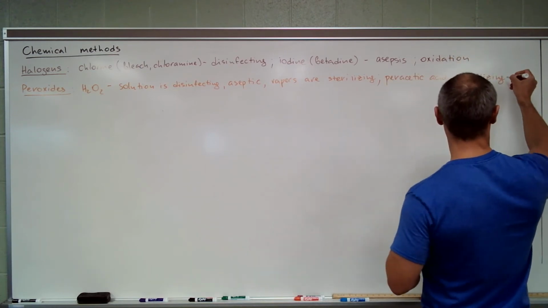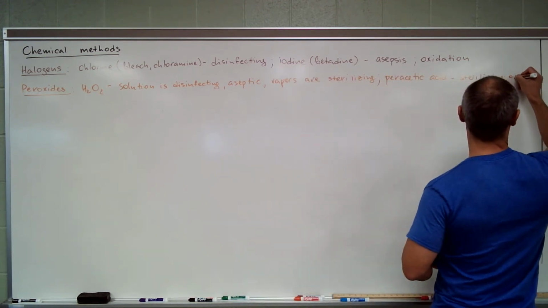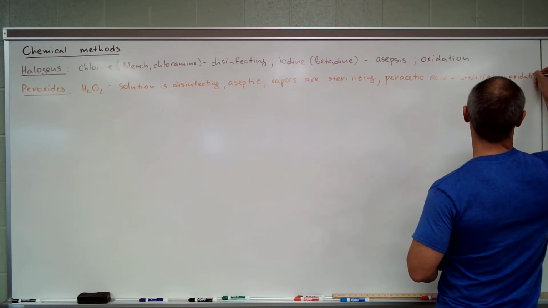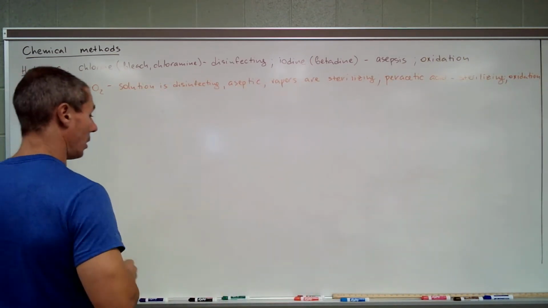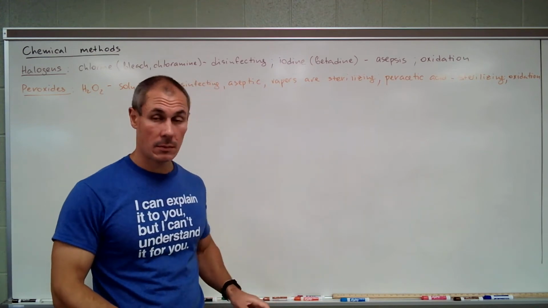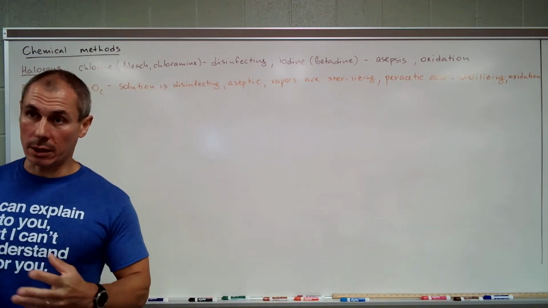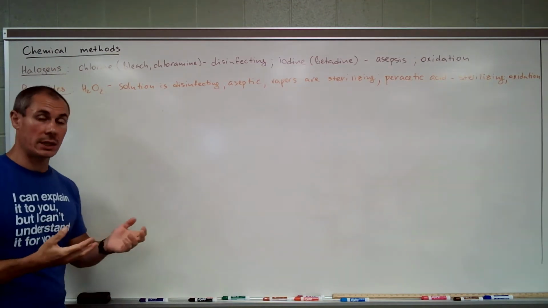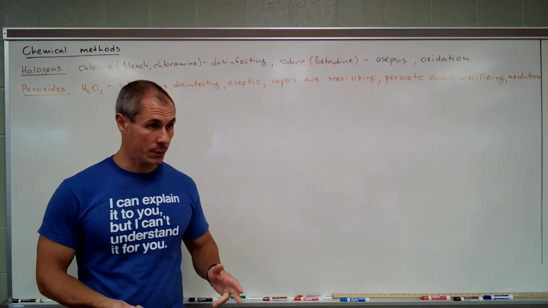So they oxidize everything. So these two chemicals are oxidative. Does that make sense? Then we're going to enter a large group of chemicals that can disrupt the membranes and denature proteins.